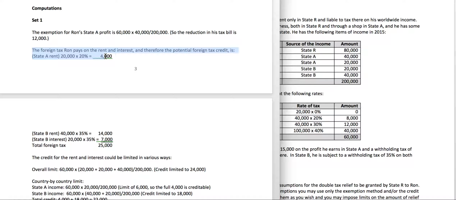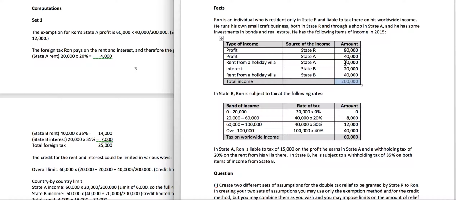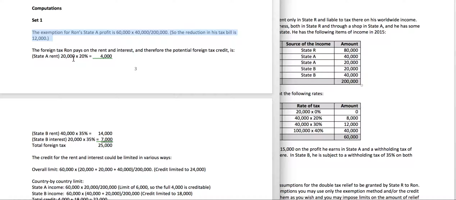And that equals 12,000. The foreign tax Ron pays on rent and interest, and therefore the potential foreign tax credit, is the rent. So that's what we're doing over here, because that's where we got the rent from state A: 20% times 20,000 equals 4,000.